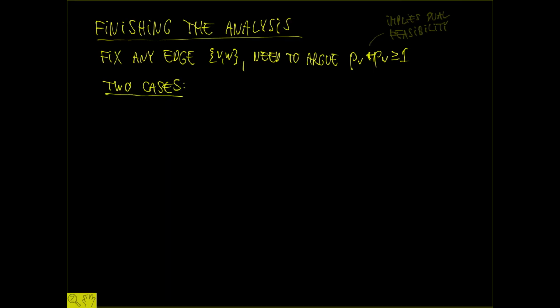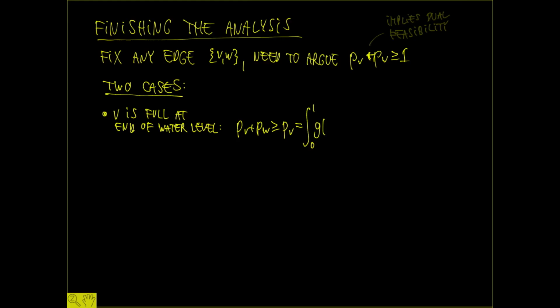There are 2 cases we can consider. One is where the vertex v is full at the end of the water level algorithm. So in this case, we are simply going to lower bound the sum of PV and PW by PV, and the value of PV is simply the integral from 0 to 1 of g of z, where z indicates the current level of water.